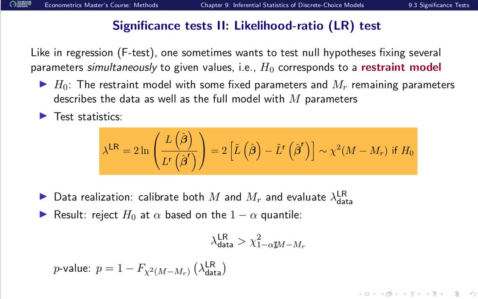Alternatively, the p-value for a greater or greater-equal test is just 1 minus the distribution function of a chi-squared distribution at the data value of this LR statistic.